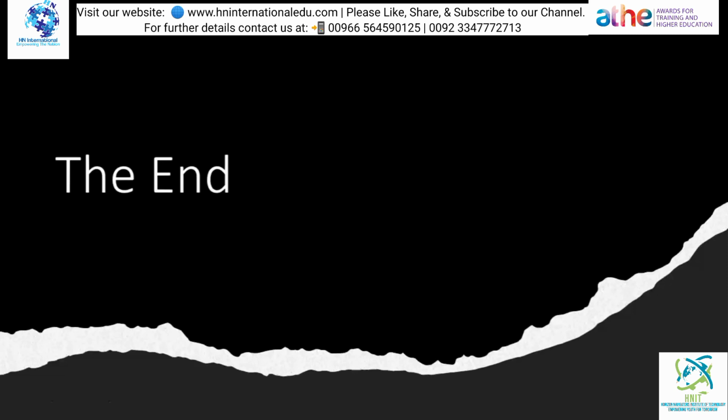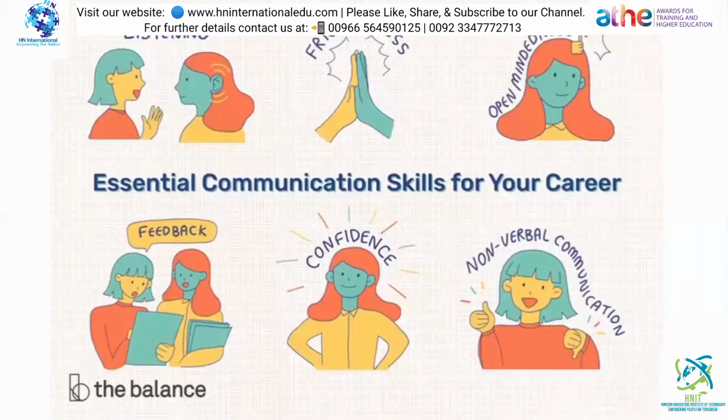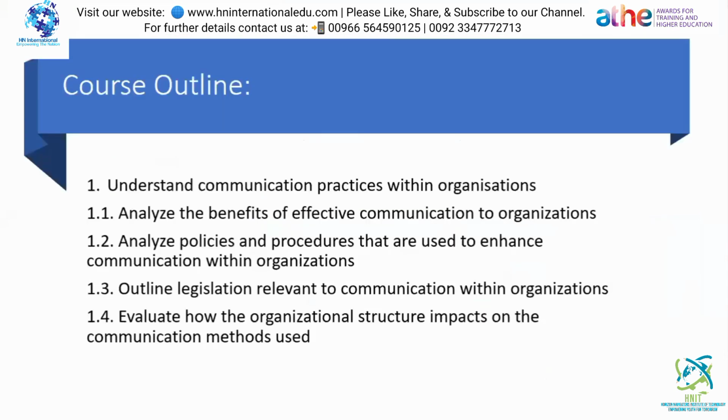And we completed unit 1.1. We can see what things we covered. Today we covered the benefits, then we discussed the policies and procedures, the emails, the briefings, staff meetings, all those things, the legislations, the laws that are implemented, and then the organizational structures that are used in the business.